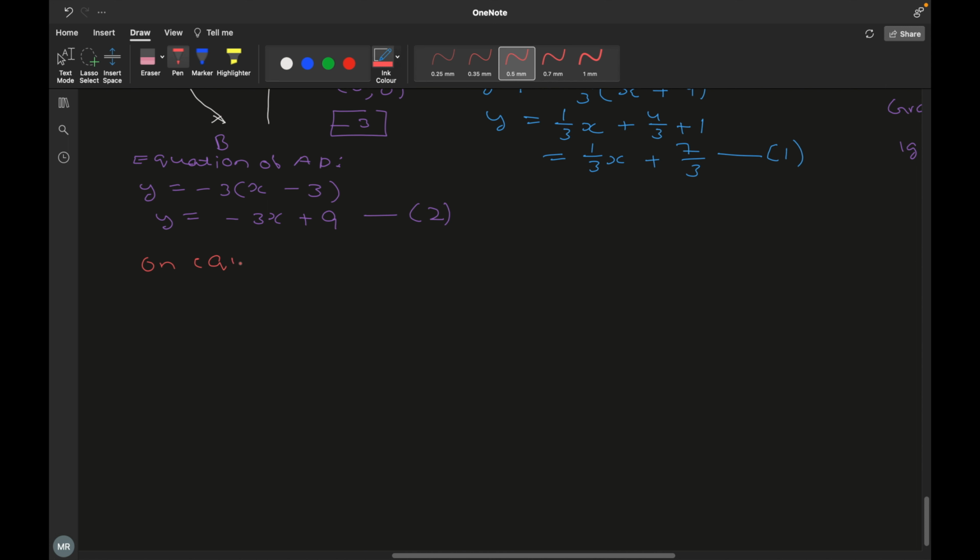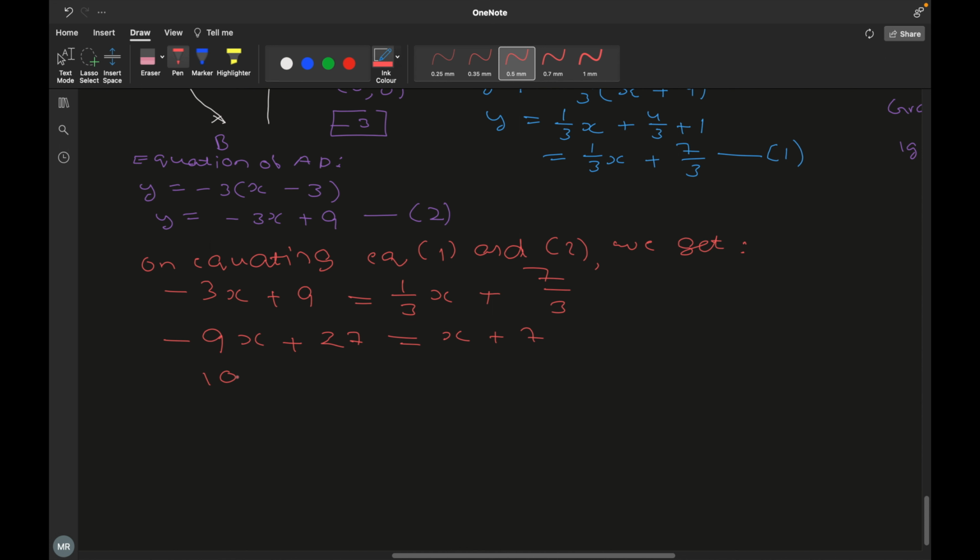On equating equation 1 and 2, we get negative 3x plus 9 equals 1 divided by 3x plus 7 divided by 3. That's negative 9x plus 27, which equals x plus 7.